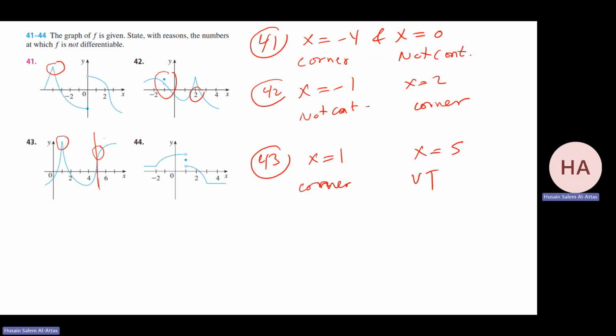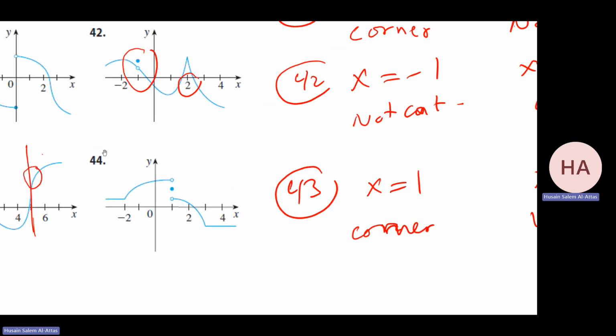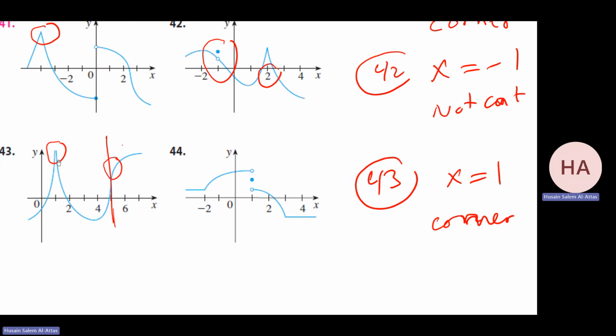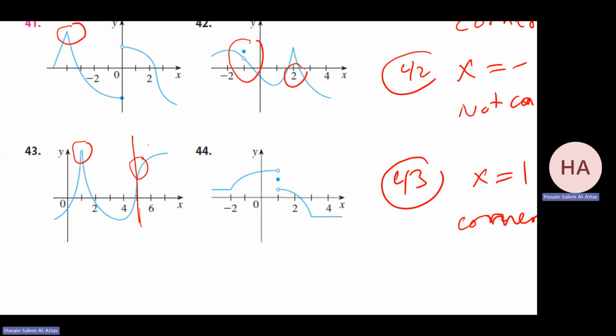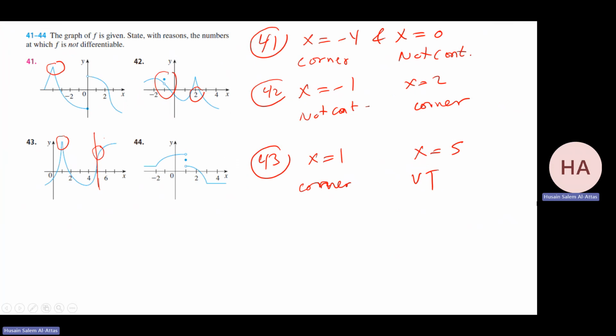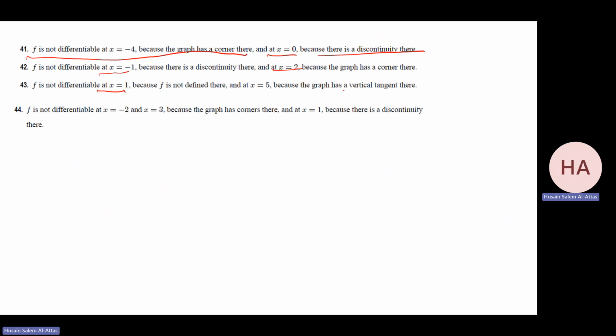Let me check. No, this is not a corner. It's not connected, this is going to infinity, so not defined, so not continuous. At x equal 5, I have a sharp vertical tangent.